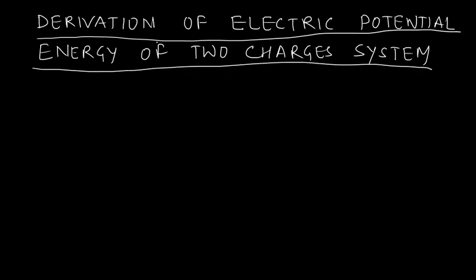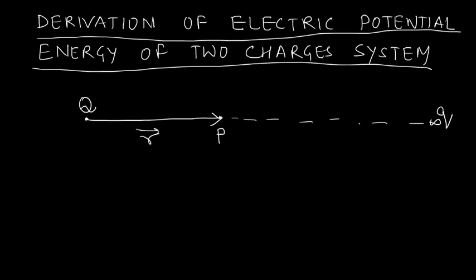Okay, we can derive the formula for the electric potential energy. First of all, we have to assume a source charge here, and due to it there is electric potential at this point P, and the position vector of this point is r, and a charge is coming from infinity to that point.